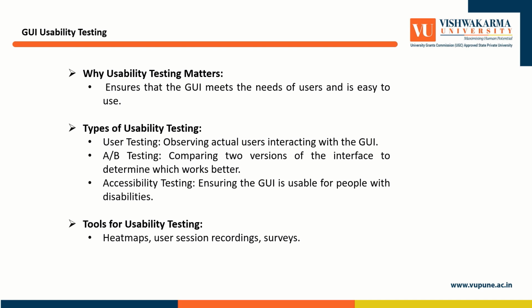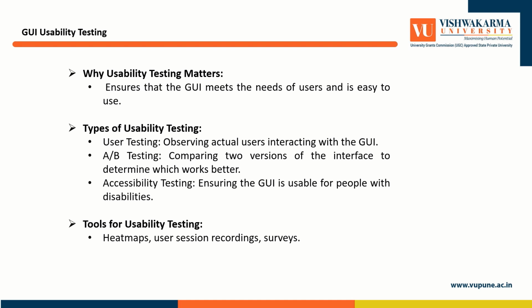GUI usability testing. Why does usability testing matter? It ensures that the GUI meets the needs of users and is easy to use. Second question is types of usability testing. There are three types. First one is user testing, second is A/B testing, third is accessibility testing. User testing: observing actual users interacting with the GUI.